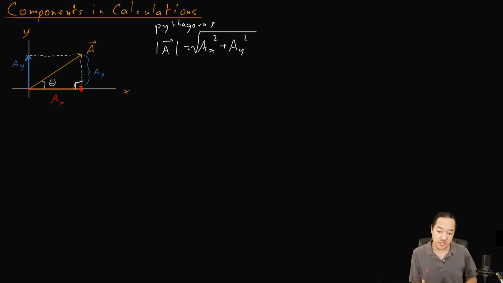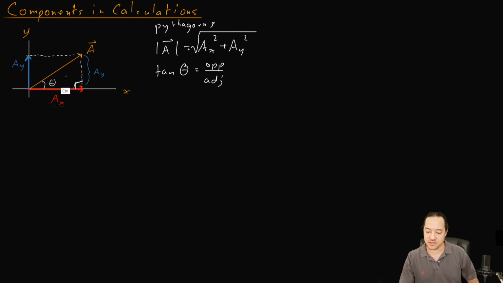So if we have the components A sub x and A sub y, we can reconstruct the magnitude of the vector A, which is just any general vector. Of course, the other thing that we did in the exercise last class is we found the angle theta that's the direction of vector A here. And we did that using tangent, right? So tangent of theta we know is equal to the opposite over the adjacent. So here's theta. In this case, the opposite side is here, and here is the adjacent side.